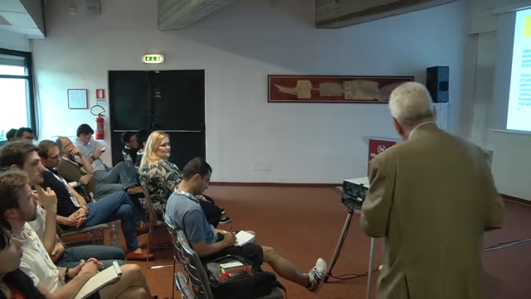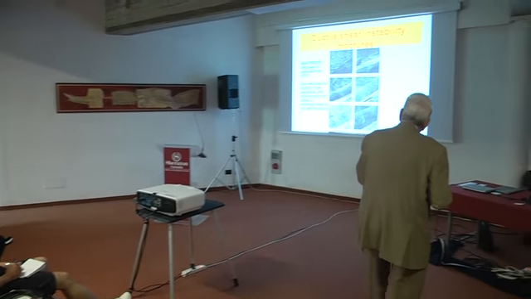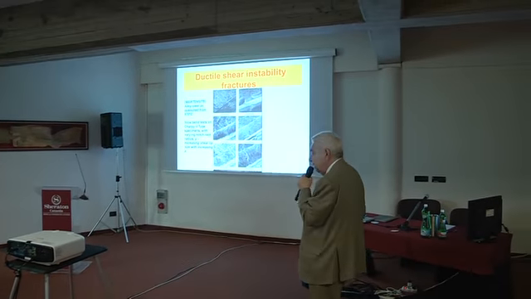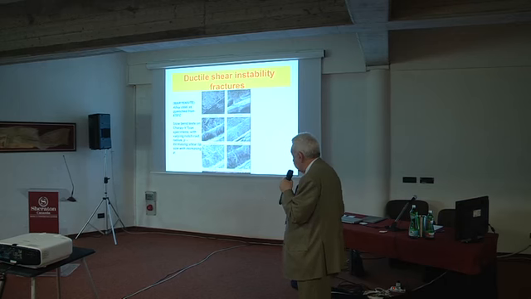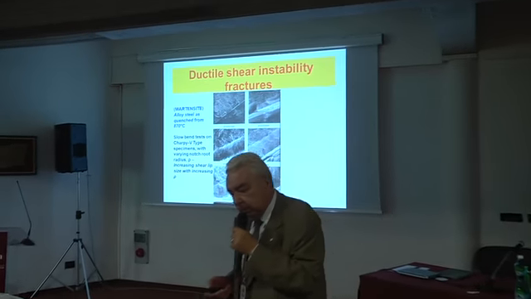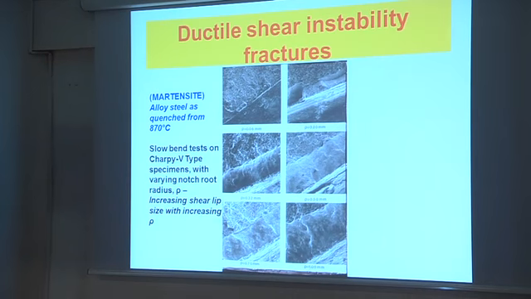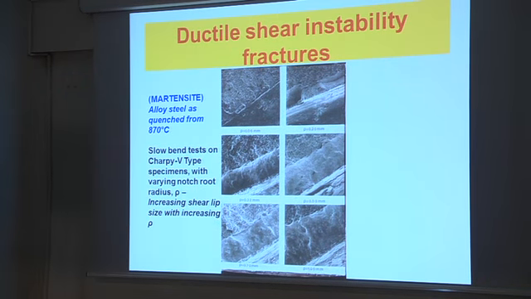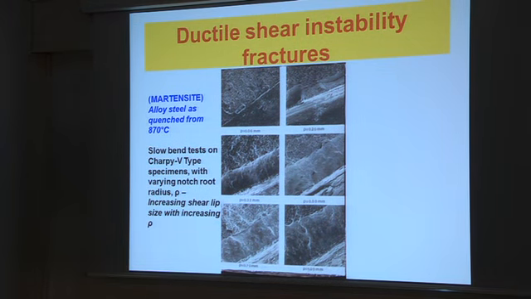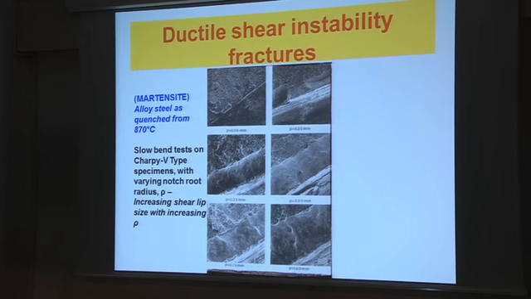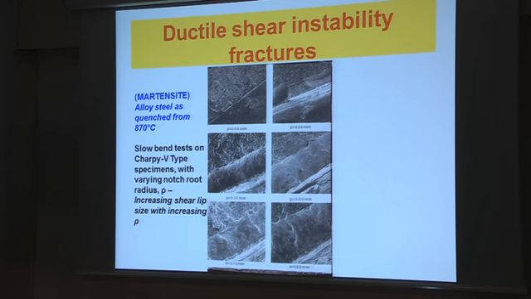Now, this is what we were able to show in the case of totally martensitic steel, but that is not very different from the case of quenched and tempered steel. Why is that so?